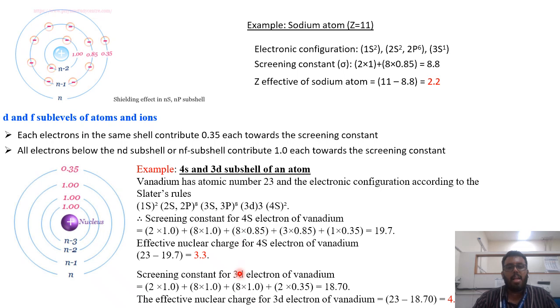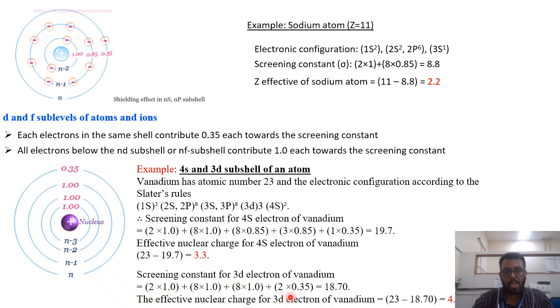And when they mention it is for a 3d electron, then there is no 0.85. That is what I want to clarify here. When they mention screening constant for 3d electrons, then you should not include 0.85. When it is for an s electron or the valence electron in the s shell, then you have to include the 0.85. I hope it is clear.